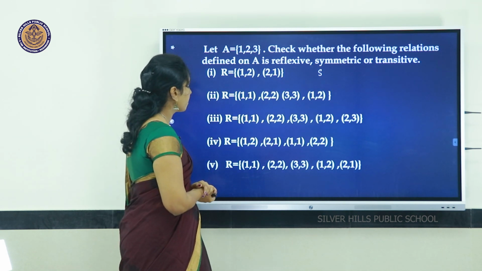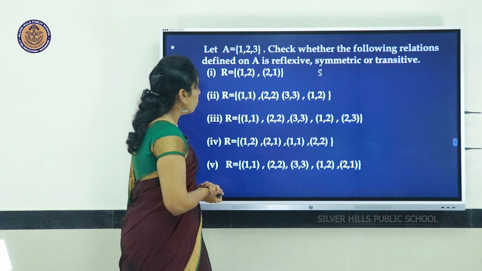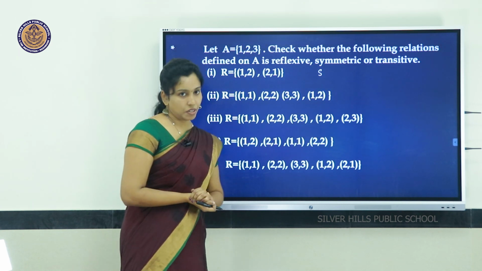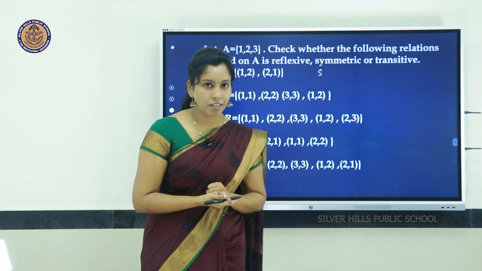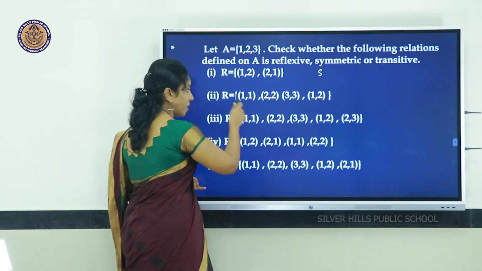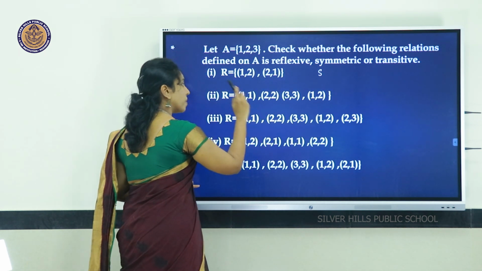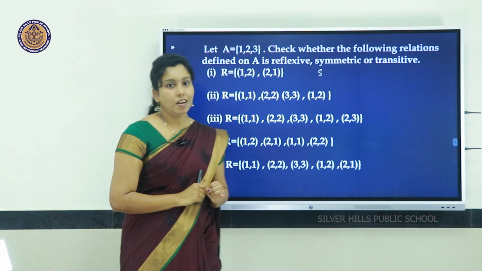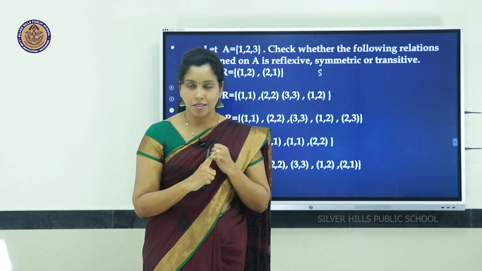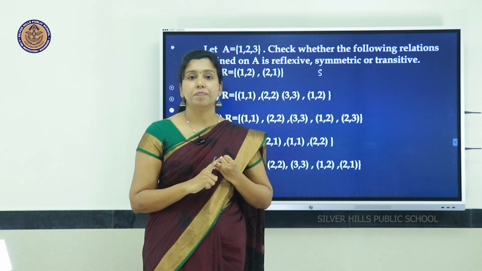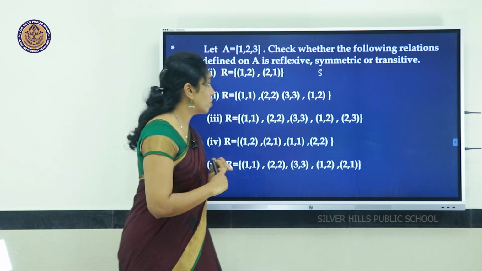Second one, R is equal to {(1, 1), (2, 2), (3, 3), (1, 2)}. So, first property reflexive. We will check whether (1, 1) is present. Yes. (2, 2) is present. (3, 3) is also present. So, it is definitely reflexive. Second property, whether it is symmetric. So, what to do?